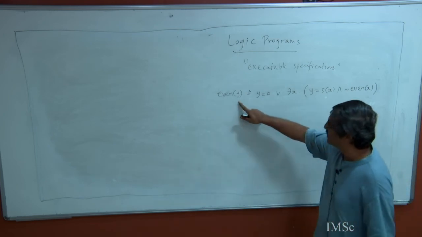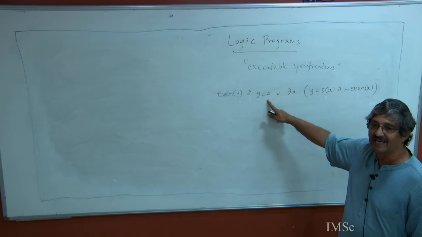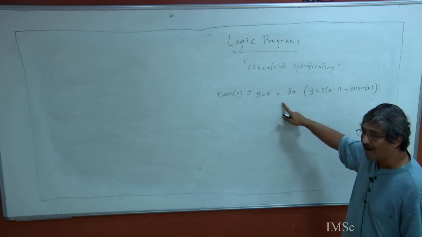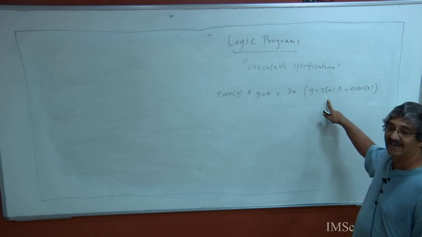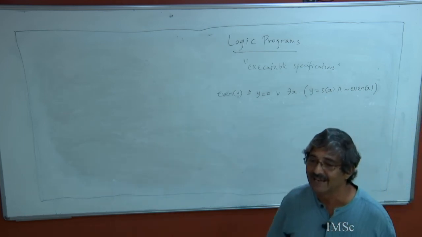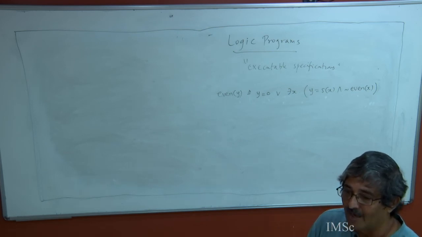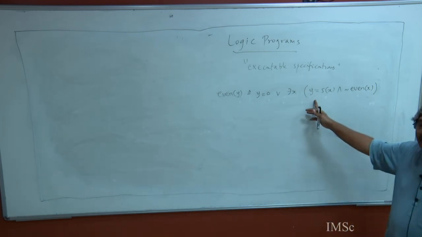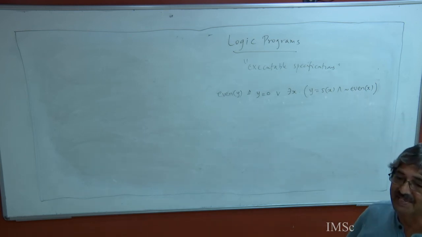It says to check whether y is even, it suffices to check whether it is 0, or you can find some other x such that y is a successor of x. What does that mean? Well, you gave me the number x, right? So I look at x plus 1, and check whether that one is even. And if that is not even, then x must be even.